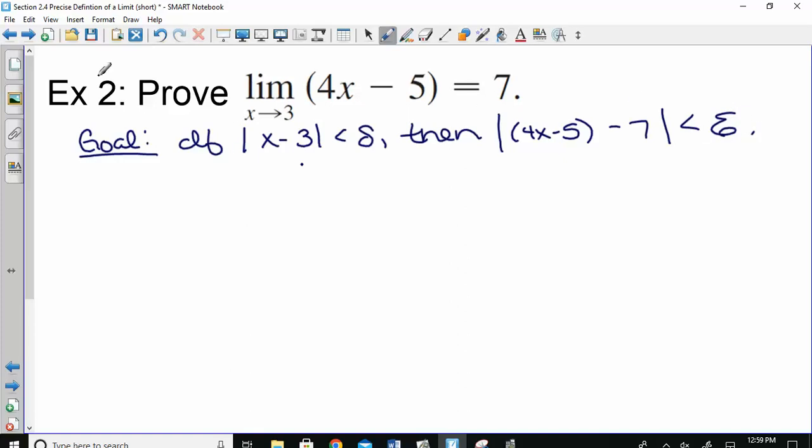Is less than epsilon. So this is just straight from the definition. The definition is if the absolute value of x minus a is less than delta, then the absolute value of f of x minus L is less than epsilon. So I just plug in my f of x, my a, my L.